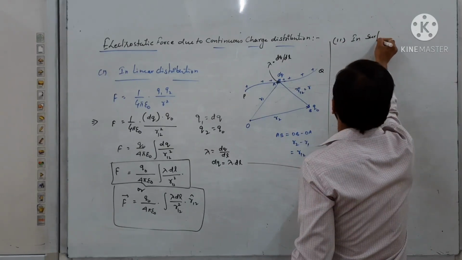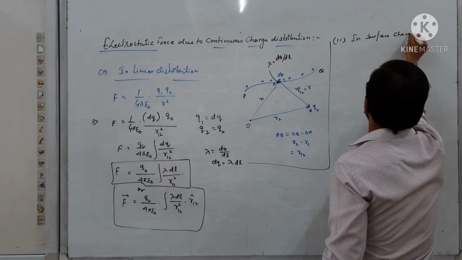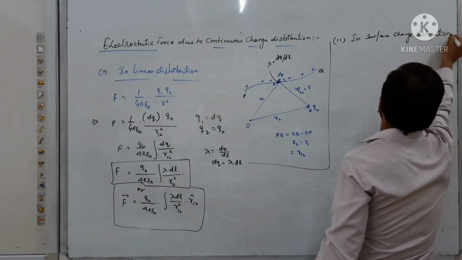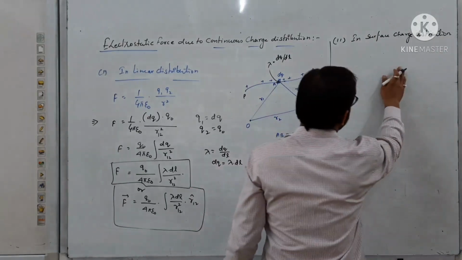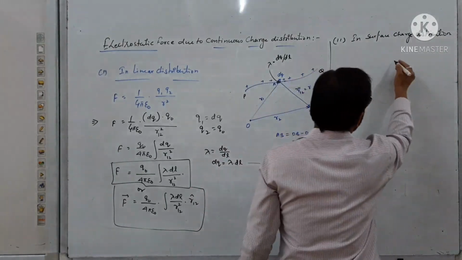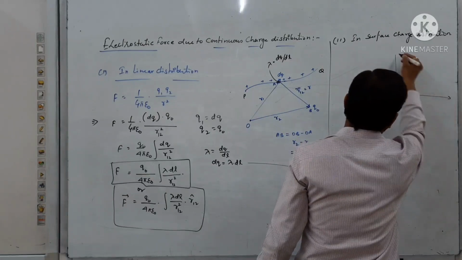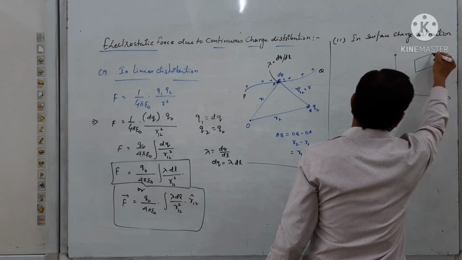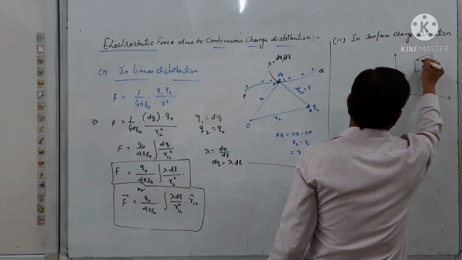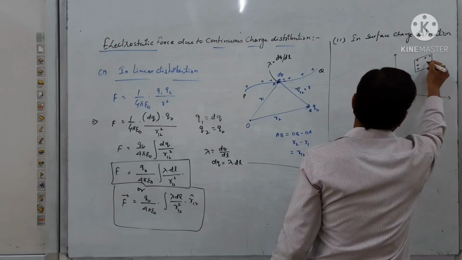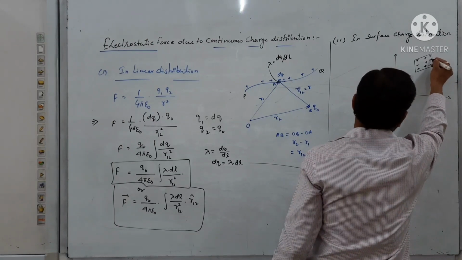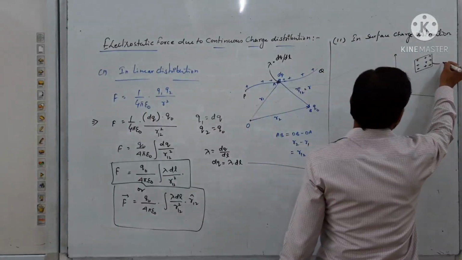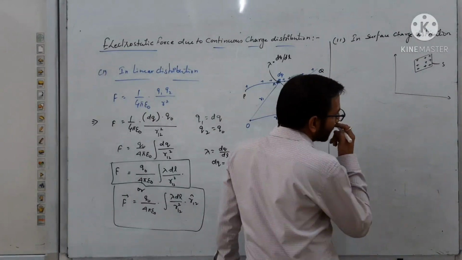In surface charge distribution, what will we write here? See here, we know that we will take two dimensions. So for this condition, let us suppose this is a plate having some surface area S. Got it?